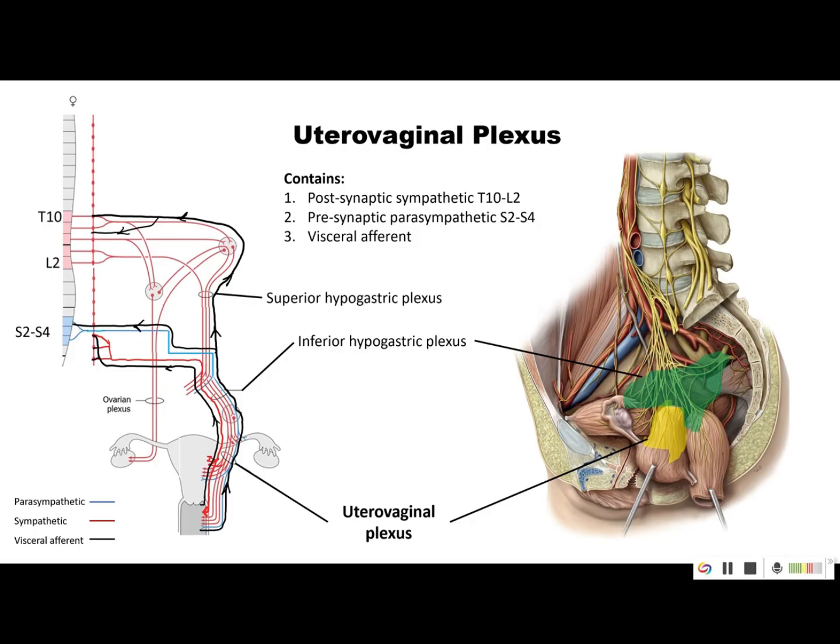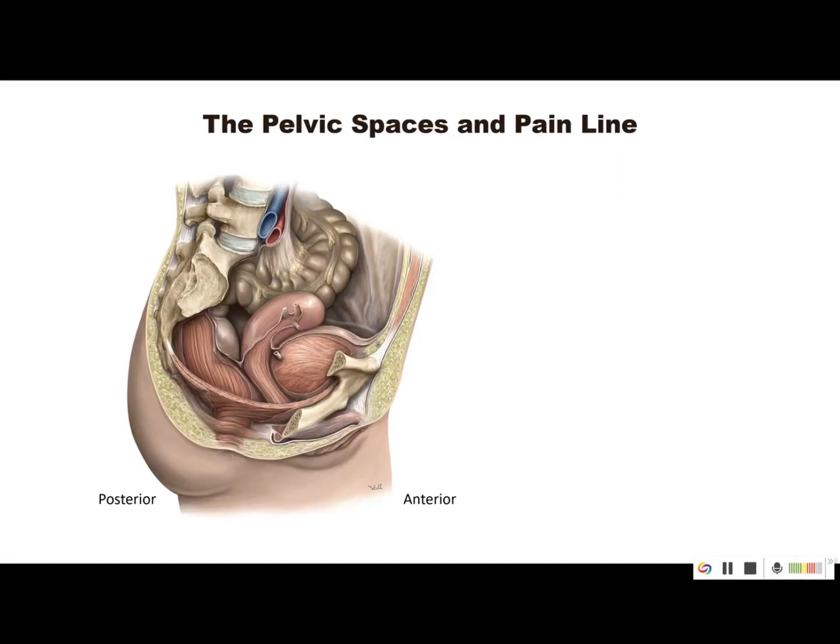All visceral sensory fibers conducting reflexive sensation travel with parasympathetic fibers. In the case of the pelvis, they travel through the inferior hypogastric plexus and the pelvic splanchnic nerves to the spinal sensory ganglia of the S2 to S4 spinal nerves.